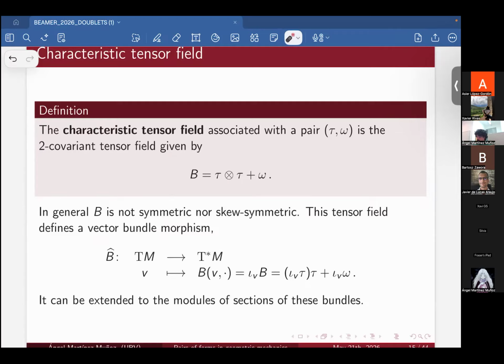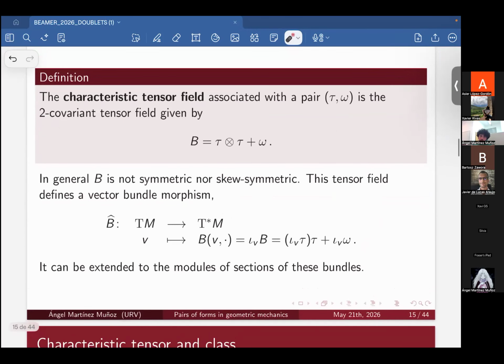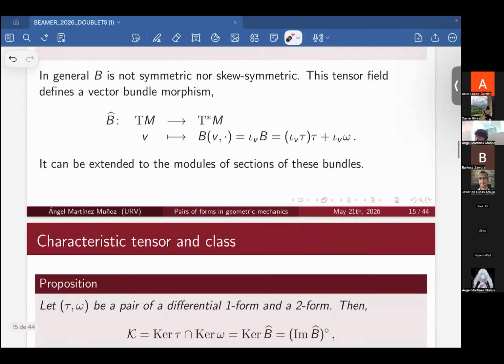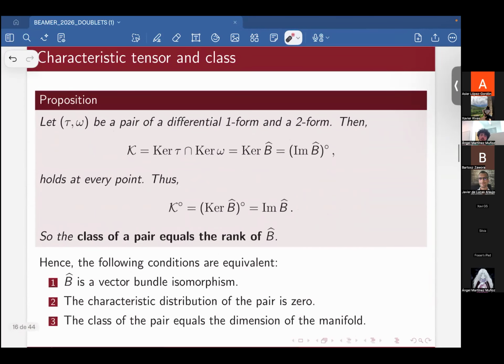In general, this tensor B is neither symmetric nor skew-symmetric. This is actually the symmetric part, and this is the anti-symmetric part. So this tensor field obviously defines a vector bundle morphism here, and you can extend it to work on vector fields. Its name is the characteristic tensor field because it's related to the characteristic distribution and hence to the class.